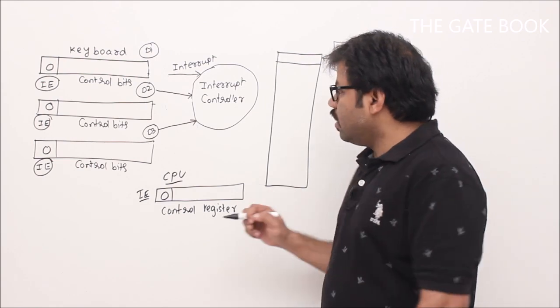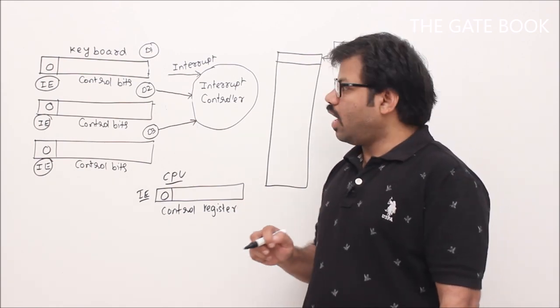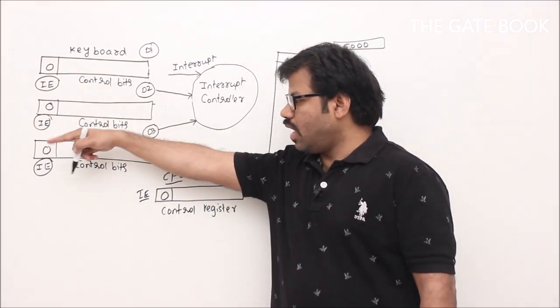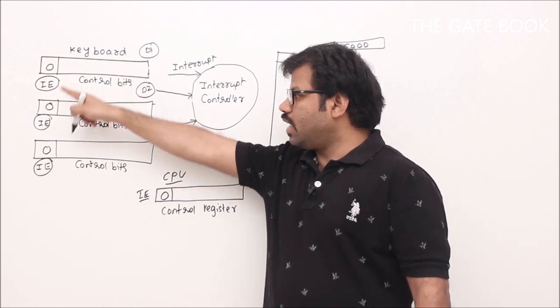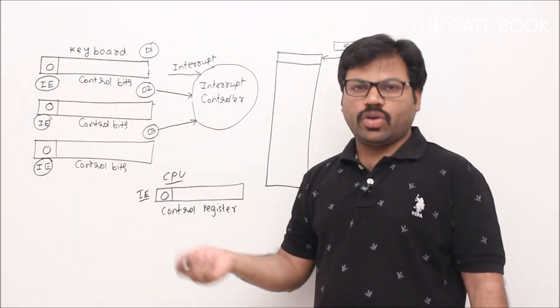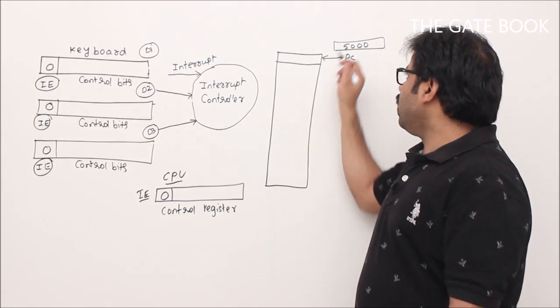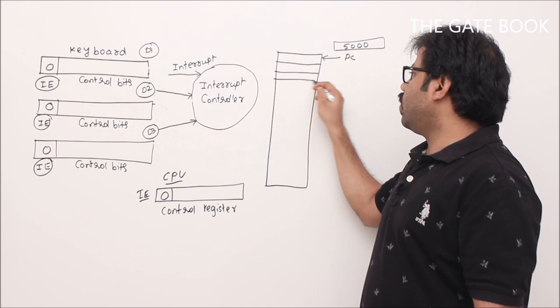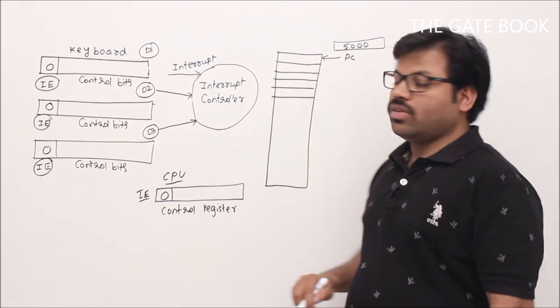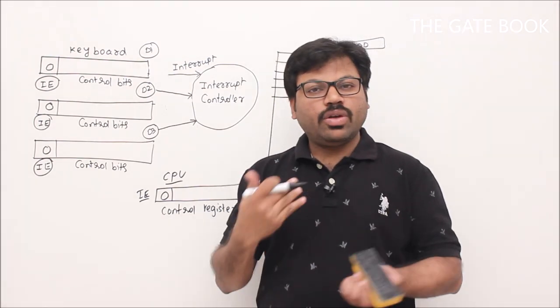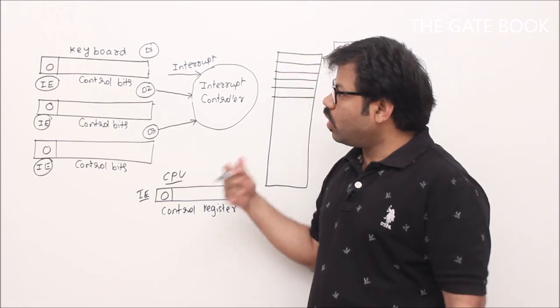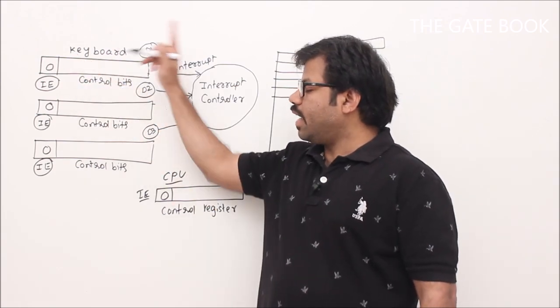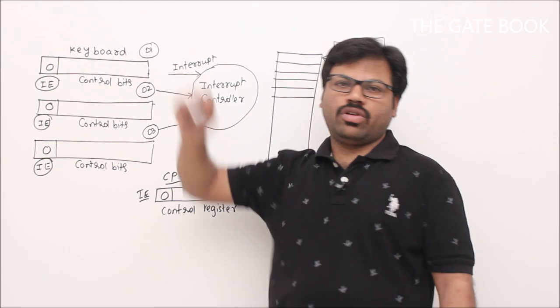I'm going to explain how these interrupt enable bits can be used by your program. Example, you want to write a program, and currently that program is loaded at 5000. Now I'm teaching you how to implement a program so that it can take interrupts only from the keyboard.